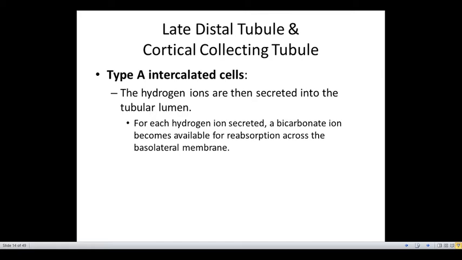As mentioned earlier, type A intercalated cells are especially important in eliminating hydrogen ions while reabsorbing bicarbonate ions in acidosis.